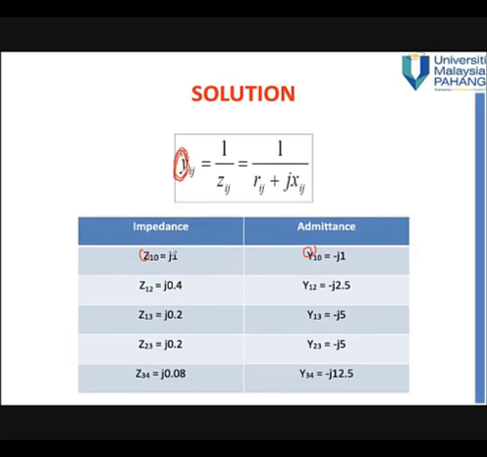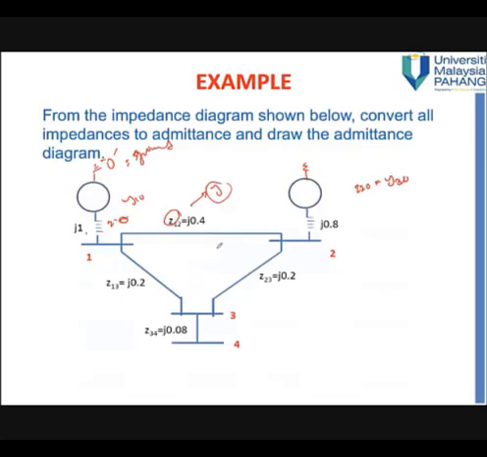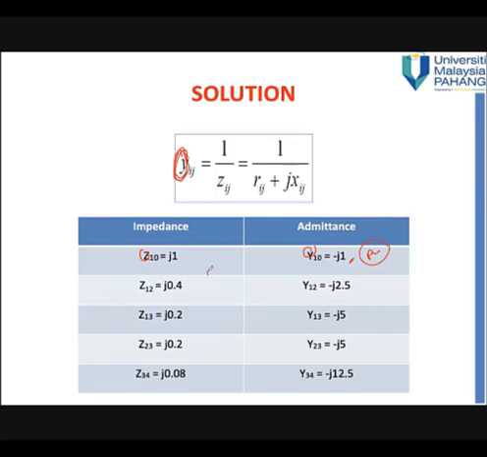So 1 over j1 is minus j1. In this one, in terms of per unit, Z12 is 0.4. So 1 divided by j0.4, you get this value.